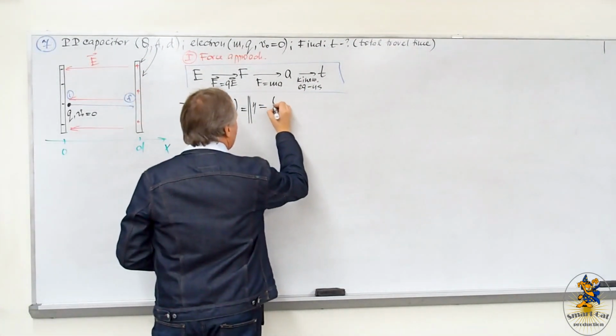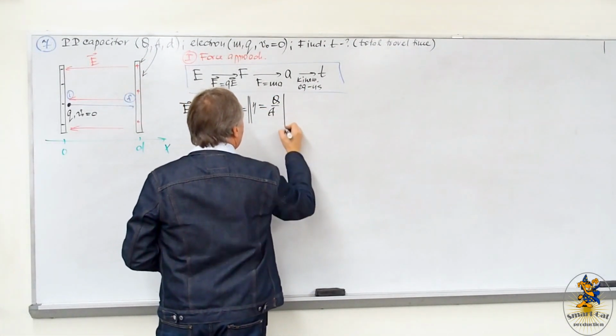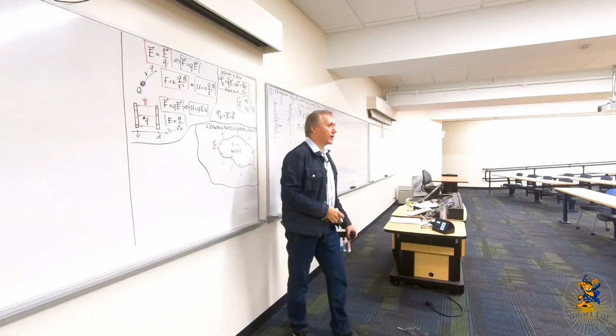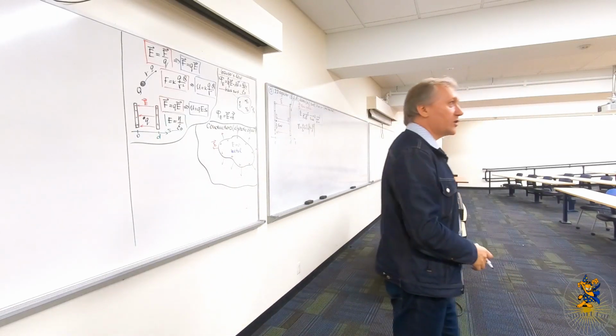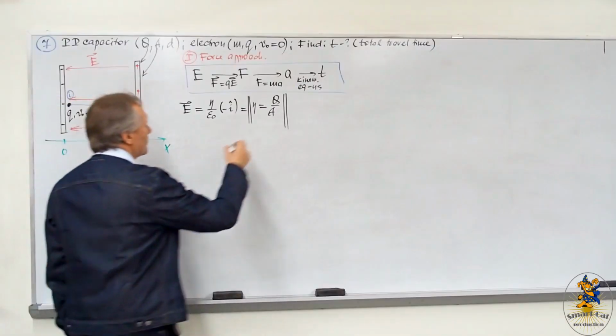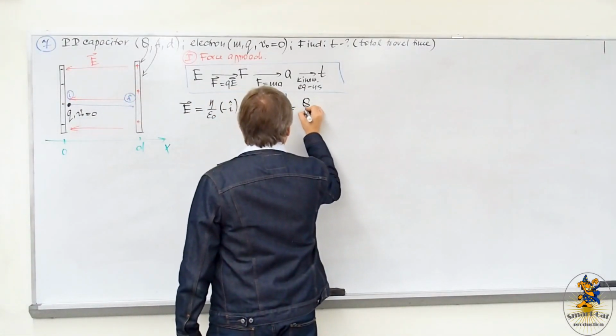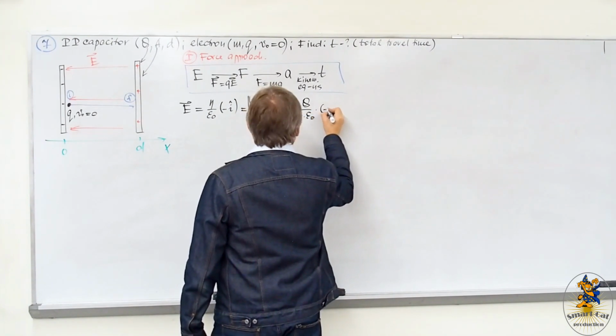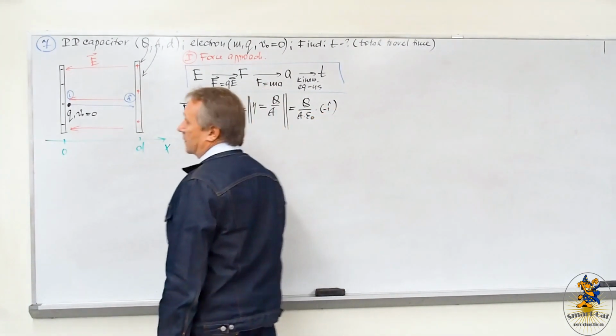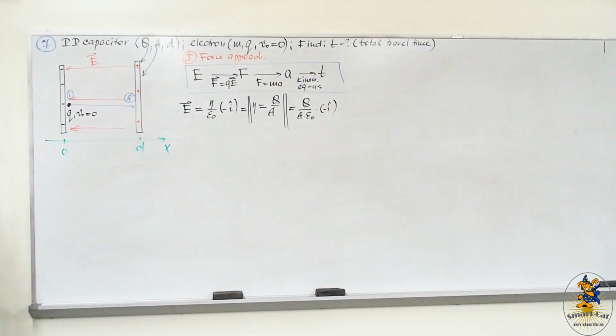So by definition, it's Q divided by A. Circular area can be given sometimes, or square. In this case, just A. So let me plug it in. Of course, it will be Q over A times epsilon naught, in the negative x direction. So, yeah, electric field.